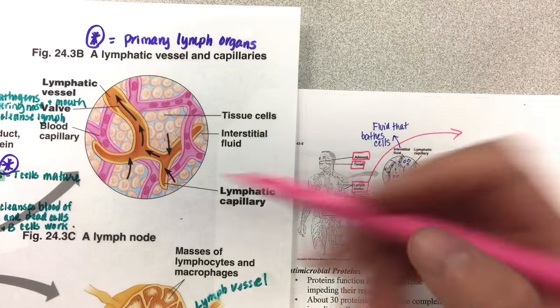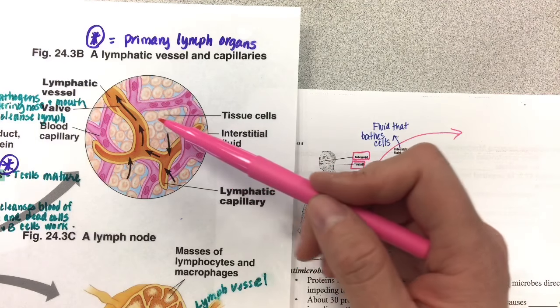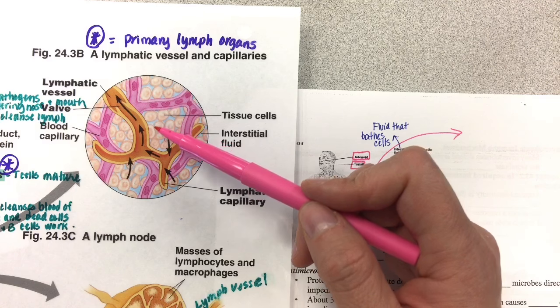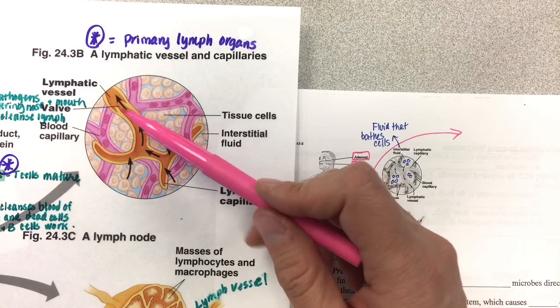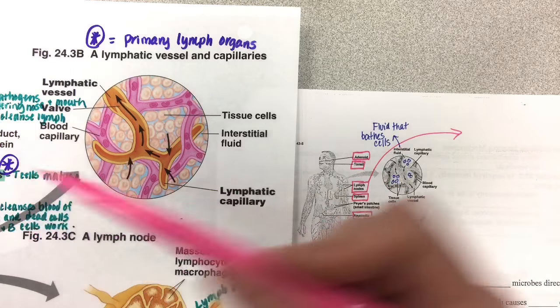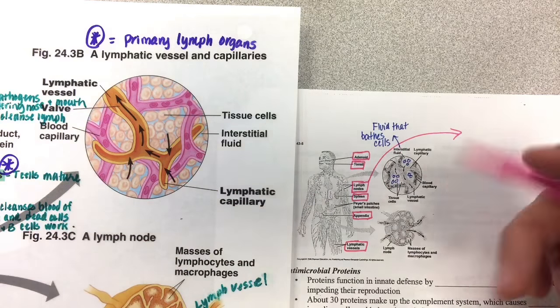If there are any microbes, any foreign particles, they enter into the lymphatic system, the lymph, that fluid, and flow through the body and eventually hit a lymph node.